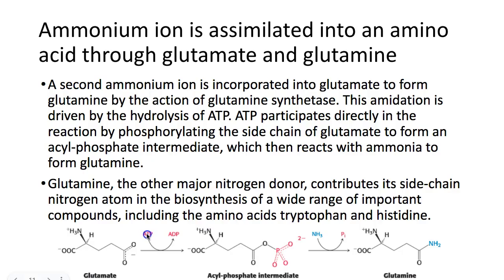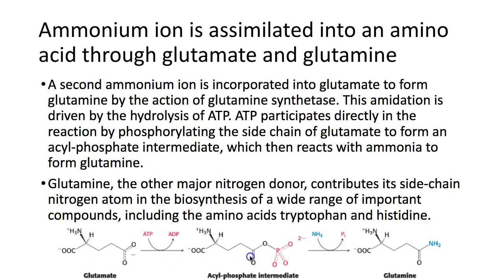Once again, you have an ATP-driven type of reaction where it's a hydrolysis of ATP. So you have a phosphate group that is being released and actually being bound onto the general structure of the glutamate.